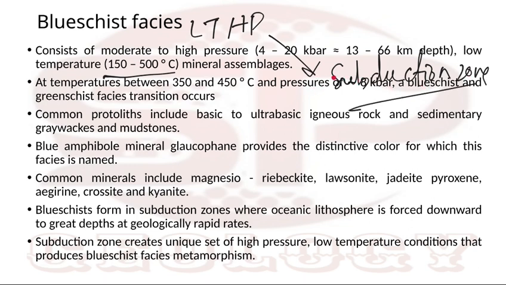If you are finding any blueschist facies rocks, you can say that an ancient subduction zone was there. The characteristic minerals are glaucophane and lawsonite. The reactions are not here.